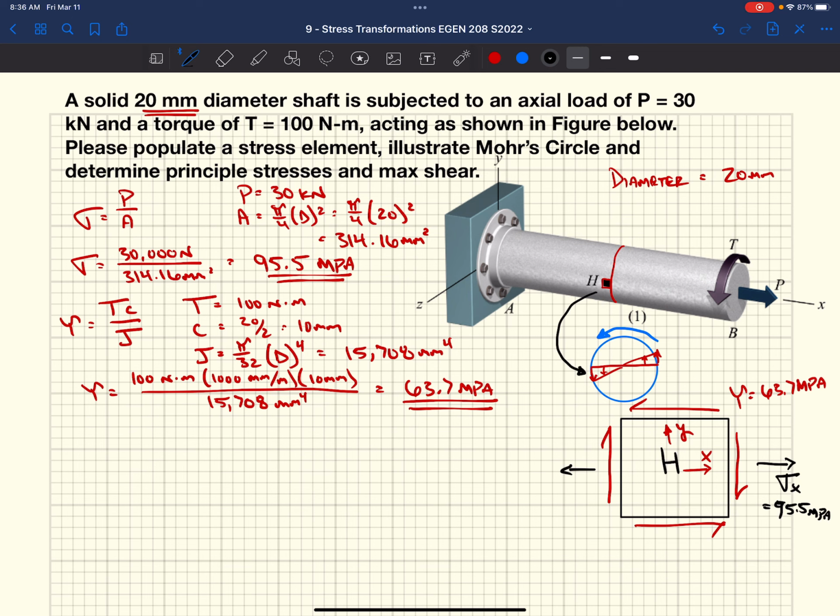In this case, if we were to look at this stress block H, right? It's on a cross section. If we were to cut this off, that would show us the right-hand side of this stress block. Okay. We know that if you looked on the end of this shaft, this torque is trying to twist it counterclockwise, right? Trying to twist downward. And if it's twisting downward, our shear stress is going to be downward on this left-hand side, right?